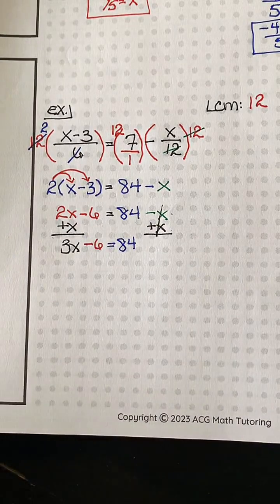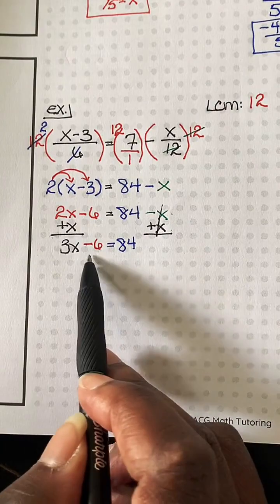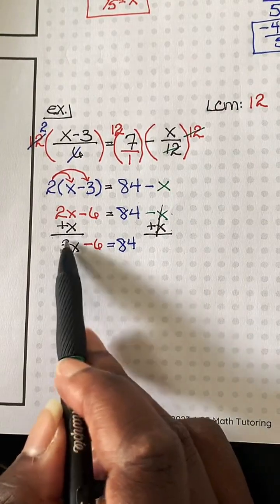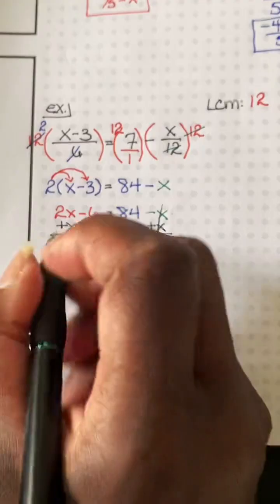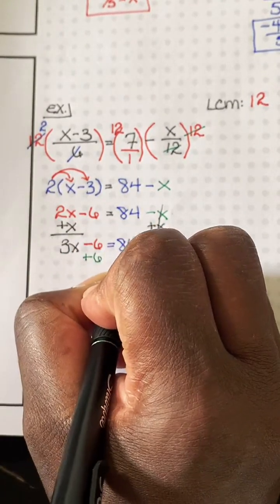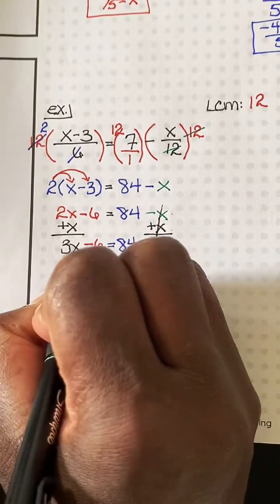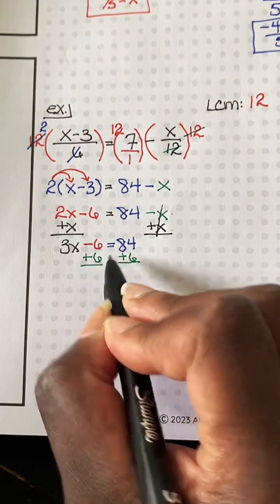So as I was saying earlier, eventually you're going to be able to do this isolation of our variable all in one line. That's possible, but since I'm demonstrating, I think it'll be best if I do it step by step. I don't want to lose anybody, okay? So you have a negative 6 plus 6.